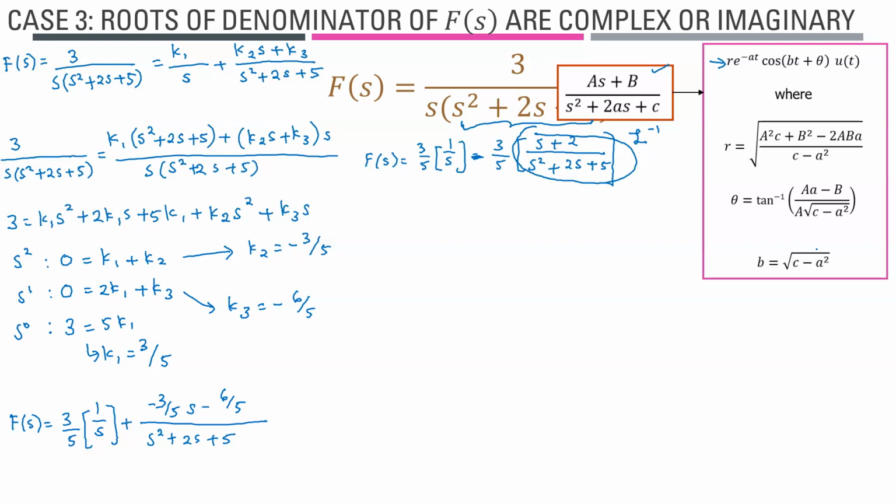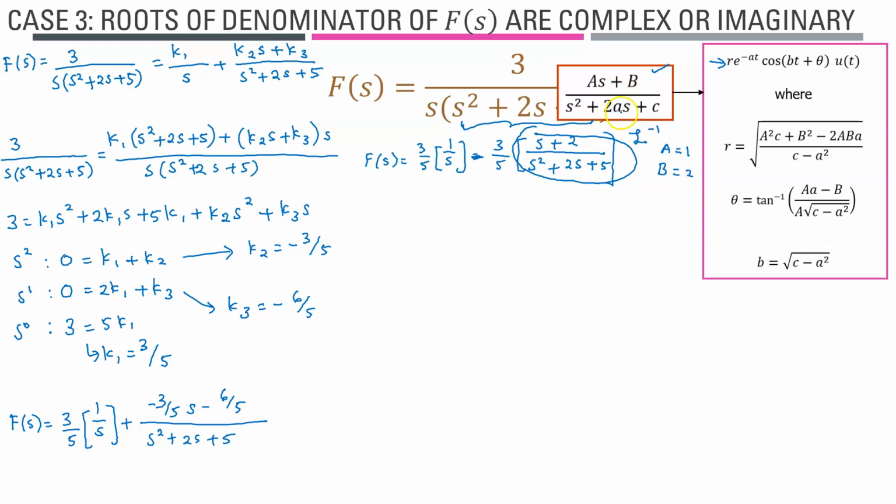So if we solve this equation, capital A is equal to 1, which is the multiplier of s. Capital B equals 2.